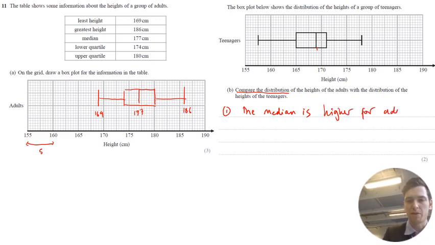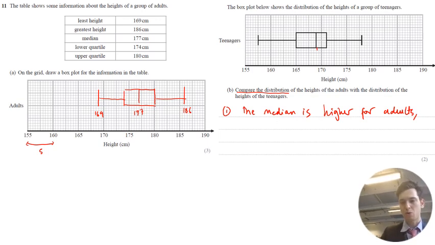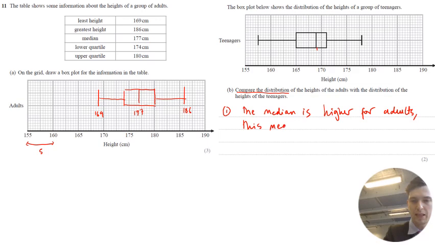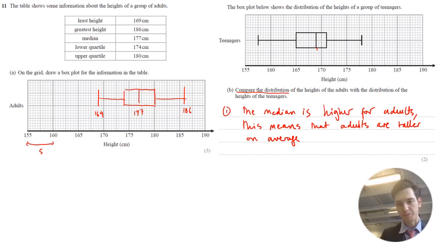We don't need to give any numbers, but we're going to make a contextual comment. This means that in context, if the median height is higher, then this means that adults are taller on average. So that's the first mark.